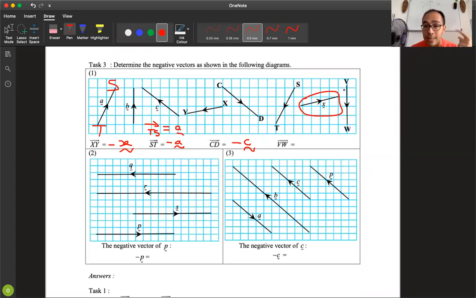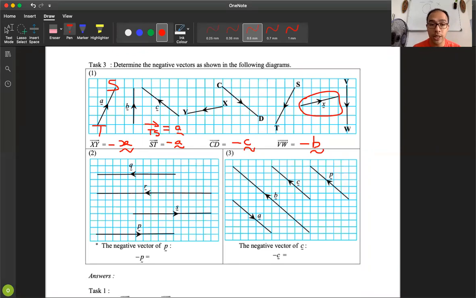So since I want from V to W, I will get negative V. So that's how we determine the negative vectors. We need to change it over.